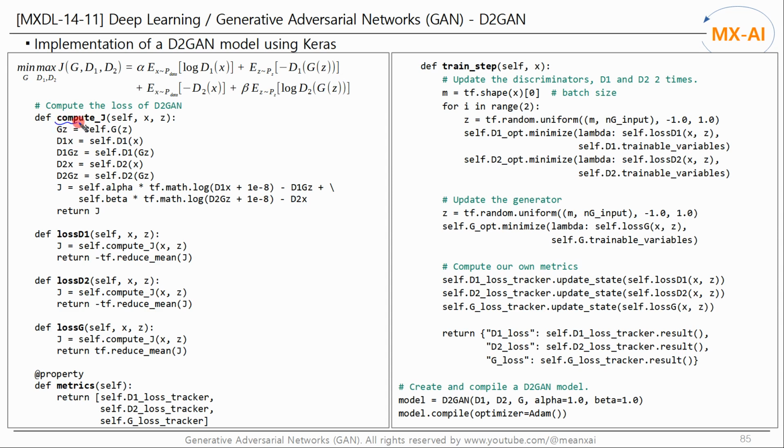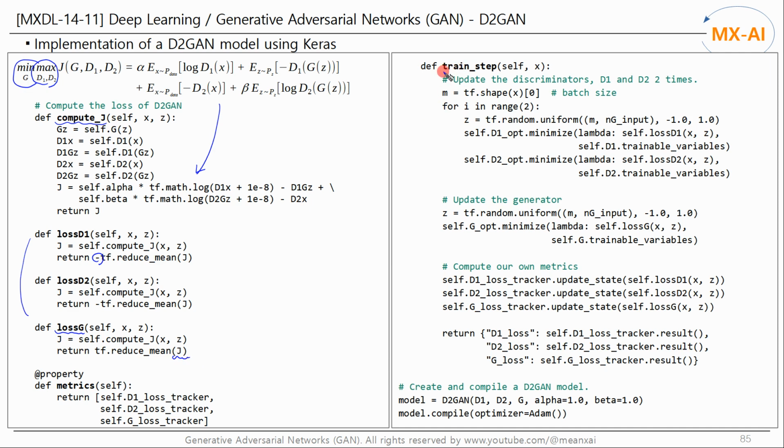Next, we write a function to compute the loss J of D2GAN using this formula, and write functions to compute the losses of the discriminators D1 and D2. Instead of maximizing the loss J, we will minimize the negative loss J. And we write a function to compute the loss of the generator G. The generator minimizes J, so we can just use J as is.